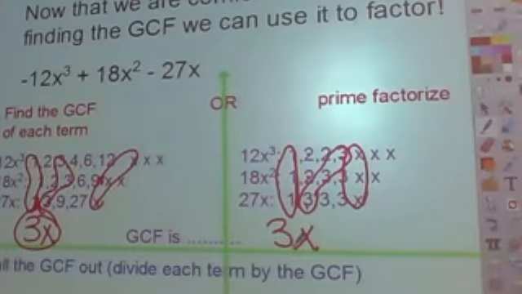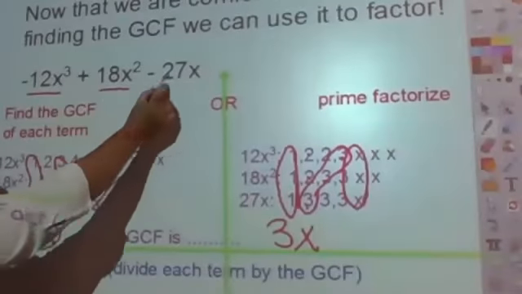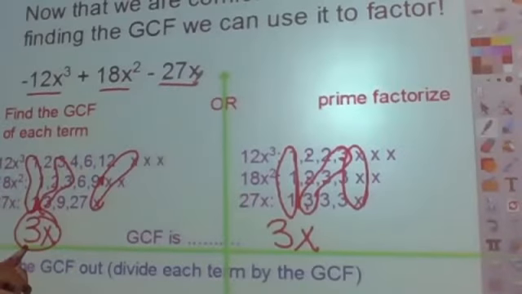Now watch what happens, okay? This is how you factor a trinomial. You are going to divide each term by 3x. You're going to divide each term by 3x.